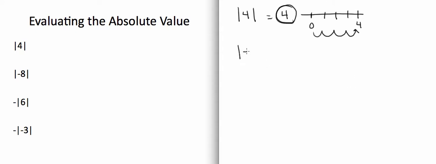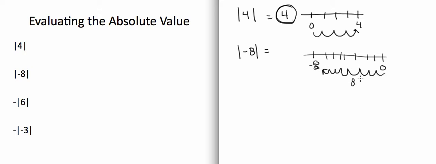Now if we take a look at -8, we have the same idea. There's 0, here's -8. So we've got 1, 2, 3, 4, 5, 6, 7, 8. The distance from 0 to -8 is 8 spots.